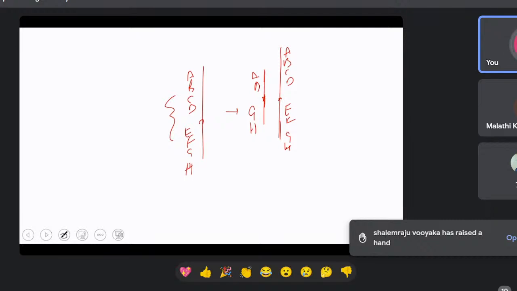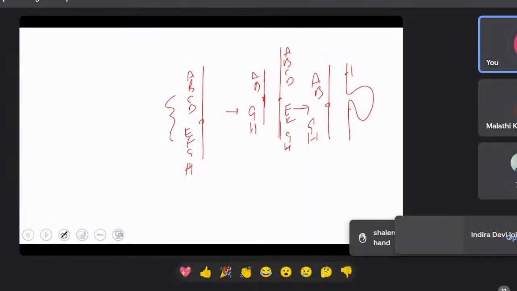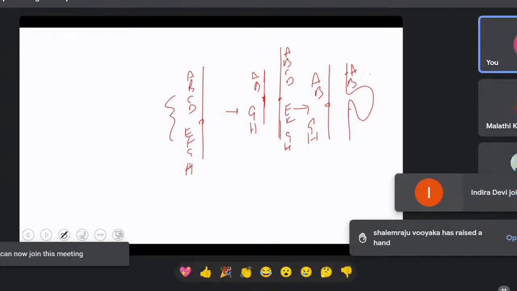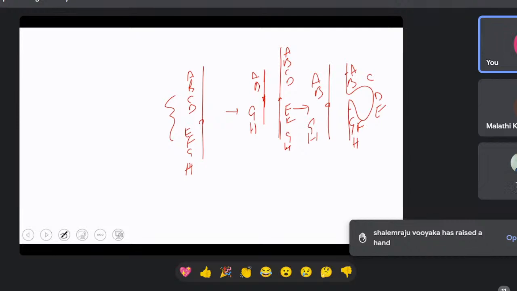So in order to make pairing possible, this is ABGH, the other chromosome undergoes looping, where the remaining genes are formed into a loop, so that now they are of the same height and they undergo pairing.